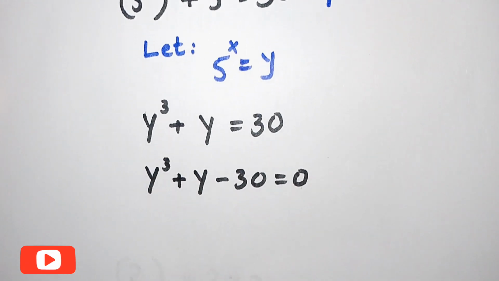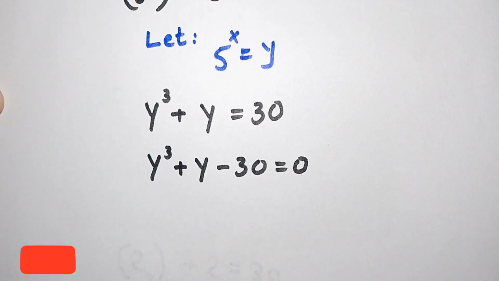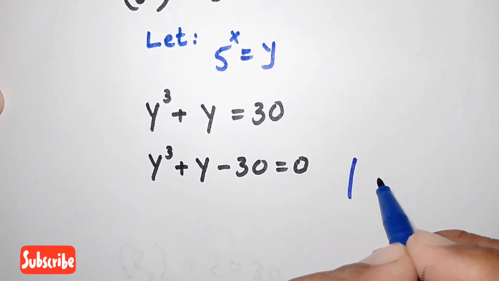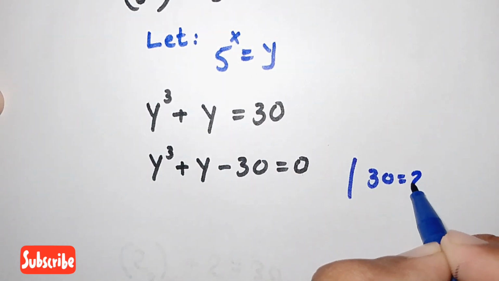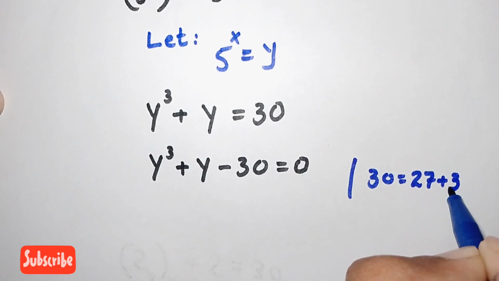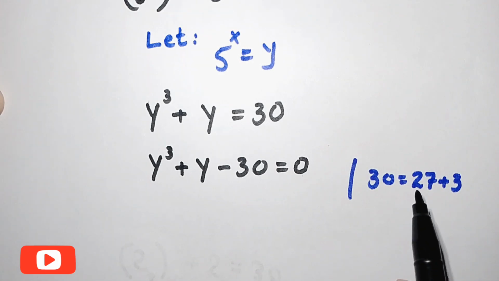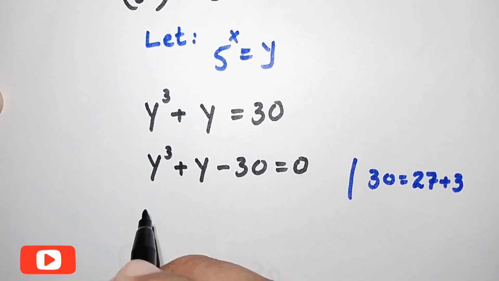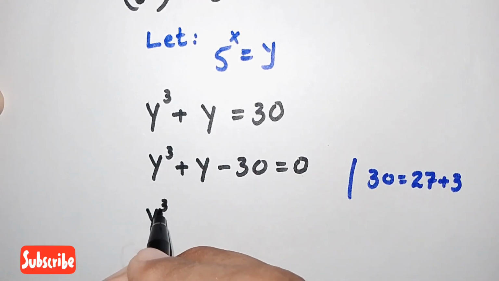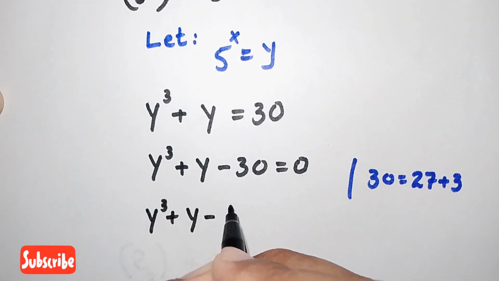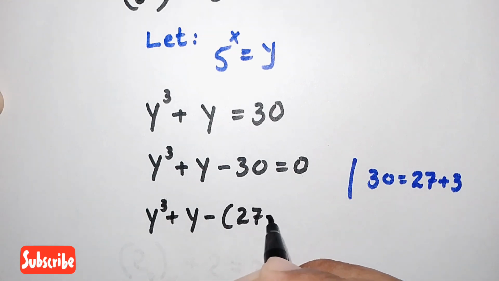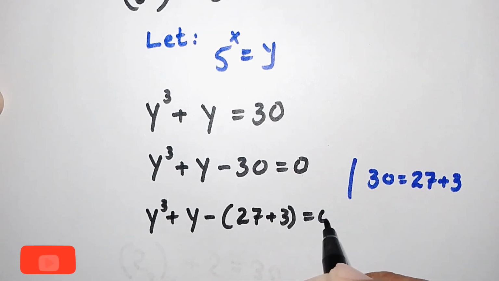Now, in the next step, we know that 30 is also equal to 27 plus 3. So we have to split this 30 into 27 plus 3. So here this will become y to the power of 3 plus y minus 27 minus 3, which is equal to 0.